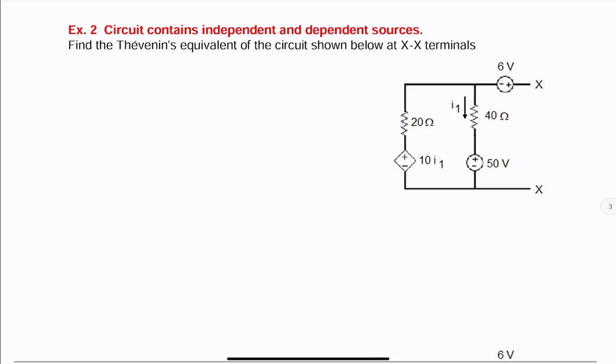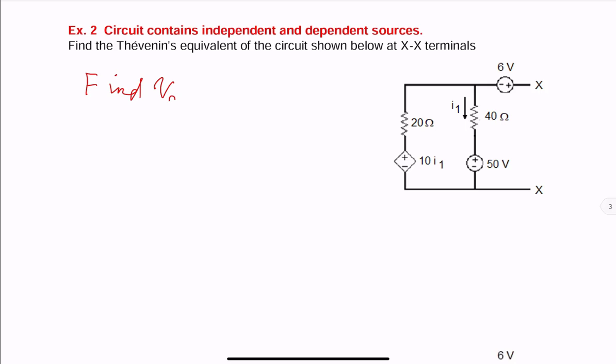And the recommended method is to find short circuit current and open circuit voltage. Looking at the circuit, we have both types of sources. So we want to find V open circuit and short circuit current, and using those we can find Thevenin to be VOC over ISC.